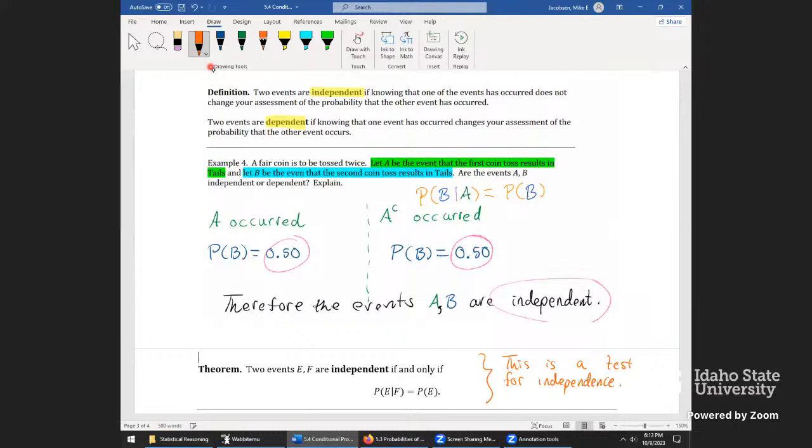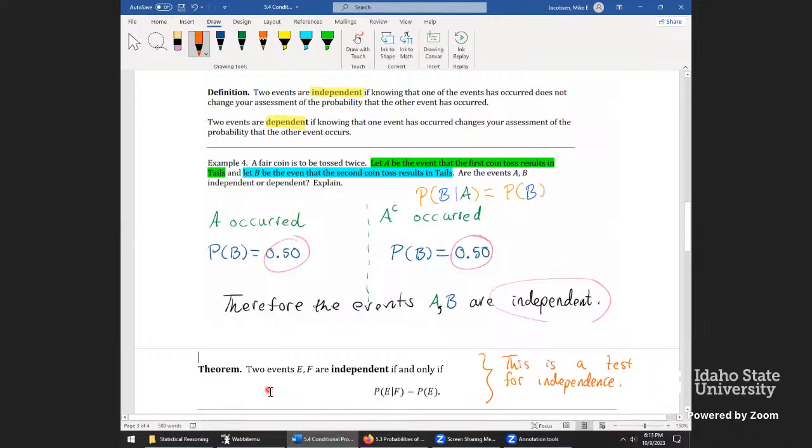What I mean by that is when we first saw independence in section 5.3, there's essentially two style questions. One of the questions, same as in WebAssign, just says your events are independent. So now you know you have formulas on the table that you can work and navigate through the problem. Another question was a scenario where it's plausible that they would be independent. But this theorem is a new idea.